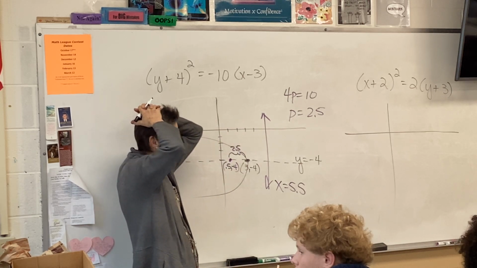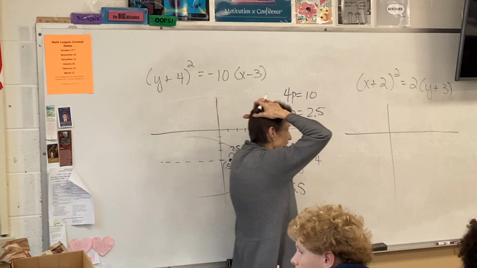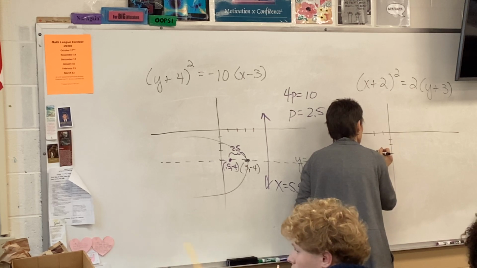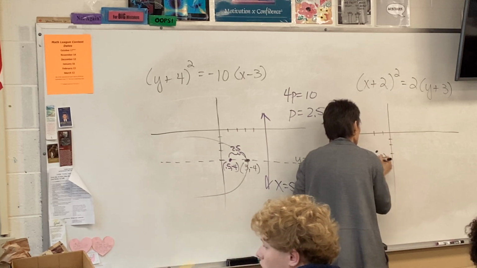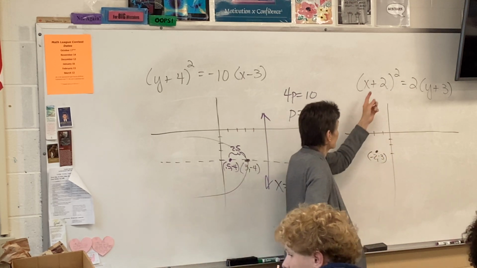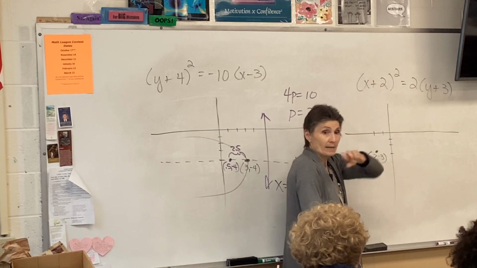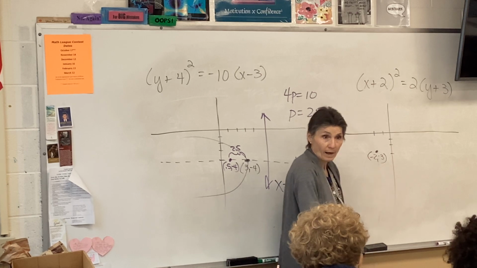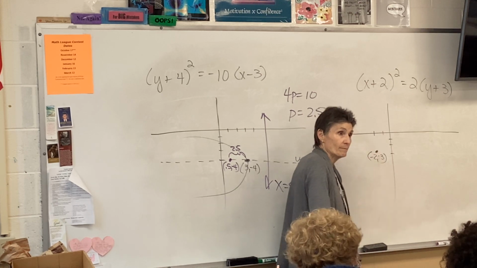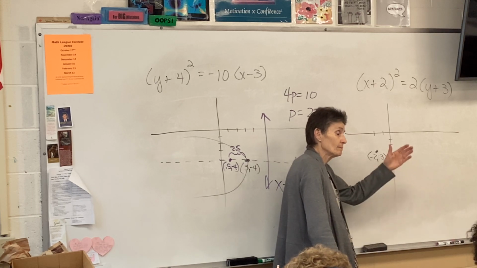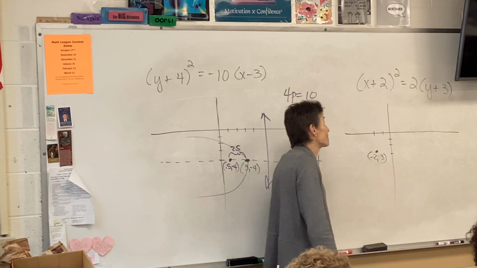I got -2, -3. Stella is exactly right. She got -2, -3. Because your vertex is the opposite of what's in the parentheses, and it's always x, comma, y. She's exactly right. All right? Quigley, which way do I open?